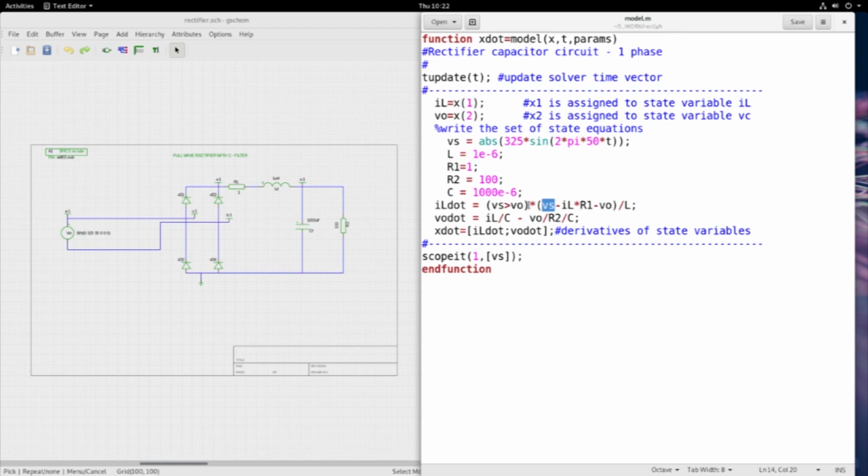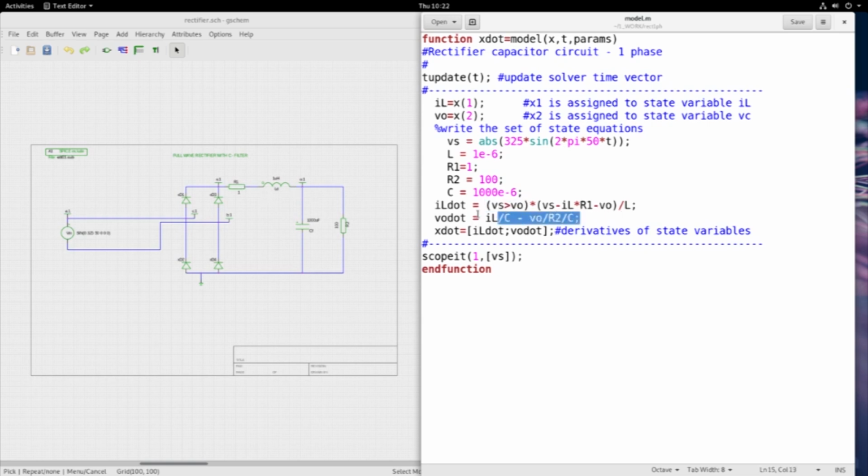Now to this I am going to put a Boolean qualification. The current here flows only if this source voltage is greater than V0. Only then will the diodes be forward biased and permit flow of current. So this Boolean qualifier behaves like the diodes here. Only if Vs is greater than V0 will there be a current flow in this line.